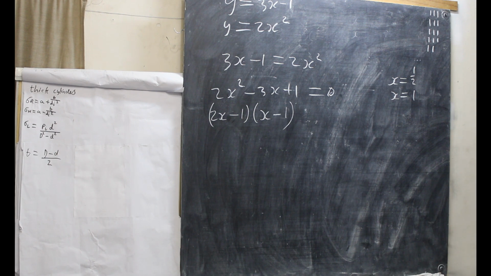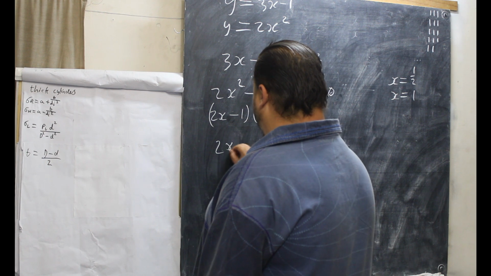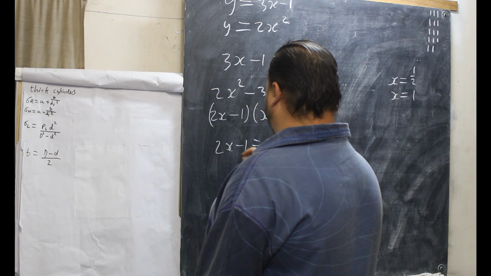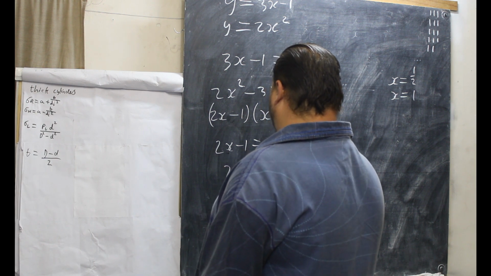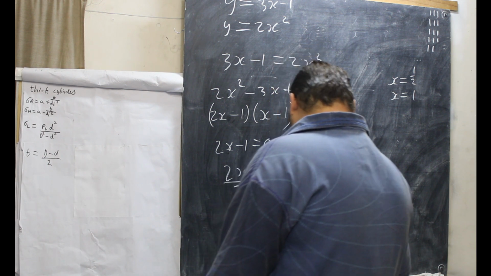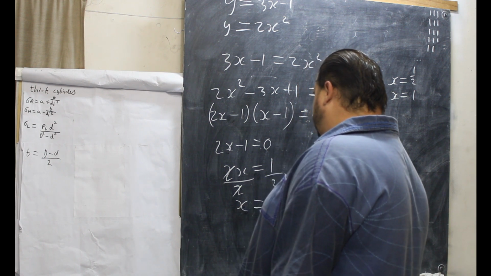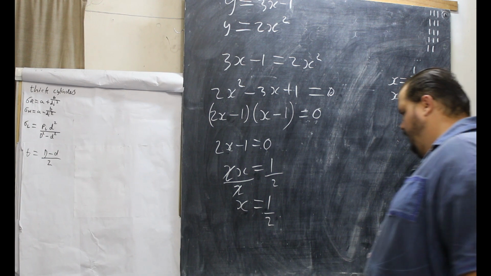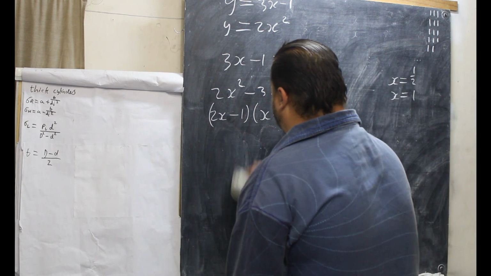This is very important because I will show you how this works. 2x minus 1 equals 0, and that will also equal 0. So minus 1 goes over, 2x equals 1, divide by 2, divide by 2. And 2 cancels 2, x is equal to 1 over 2. That's how I got the half. And obviously x minus 1 becomes x equals 1.